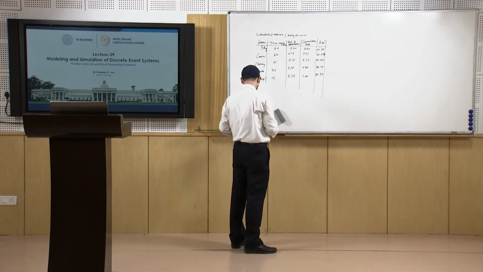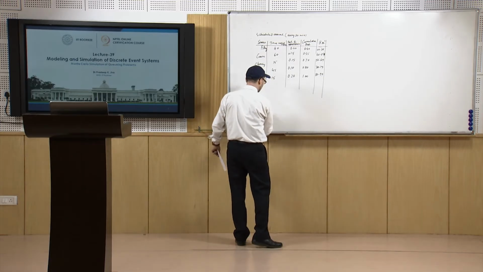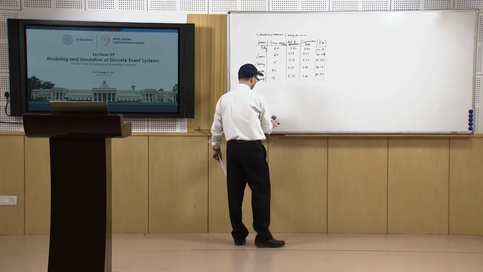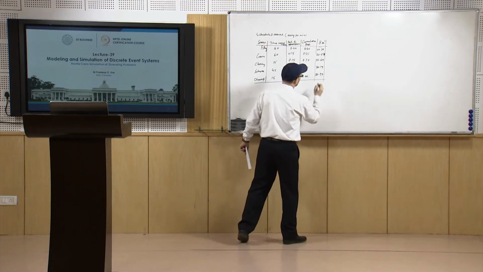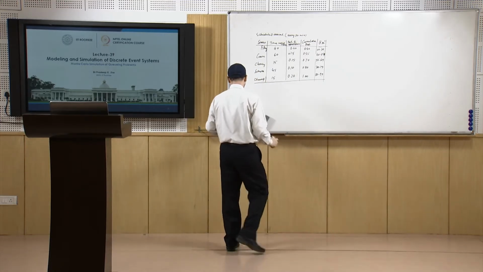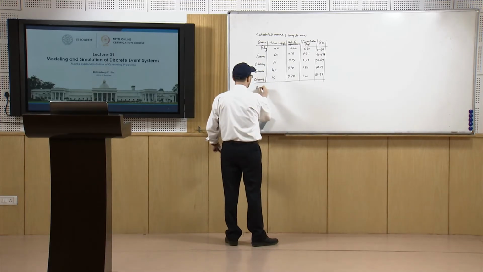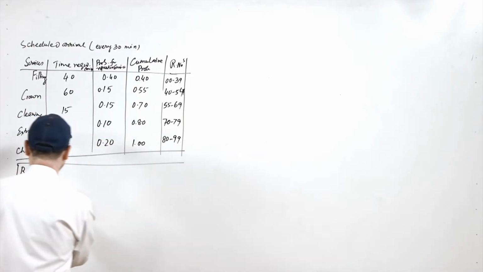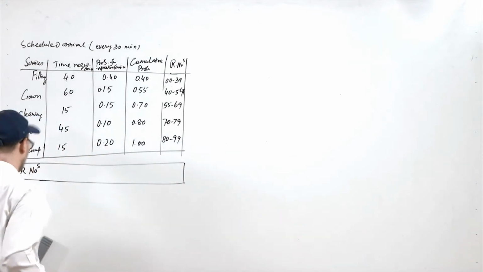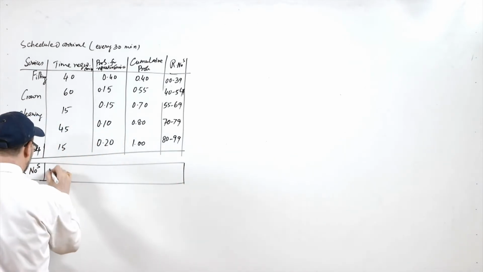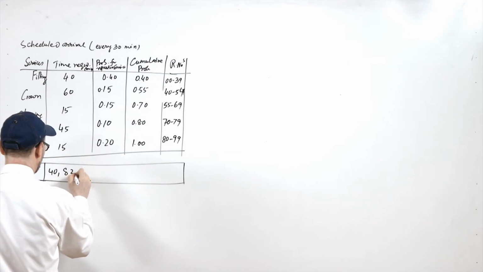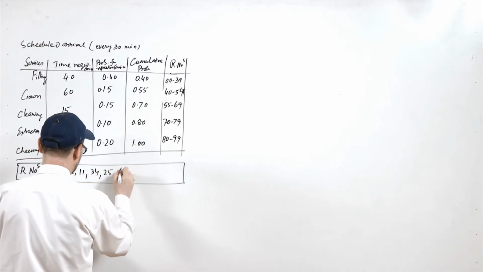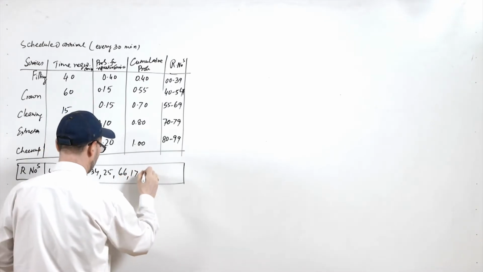Now, what we see is that we can find how these customers are coming. For that, the random numbers to be used are 40, 82, 11, 34, 25, 66, 17 and 79.